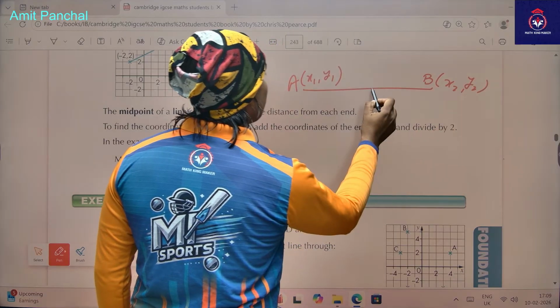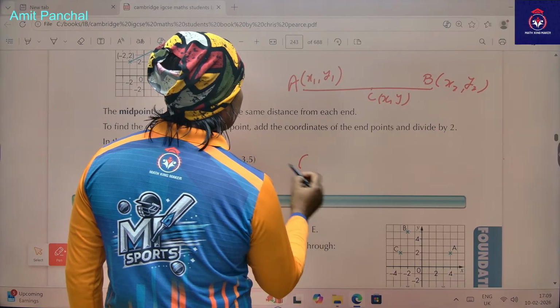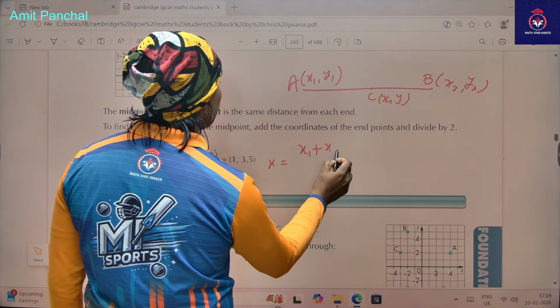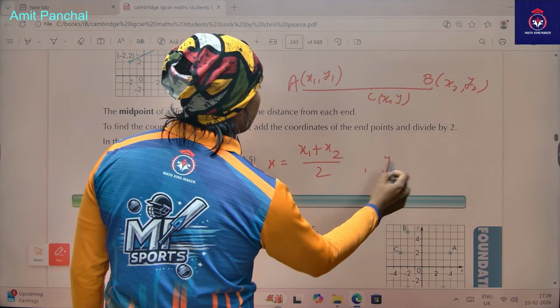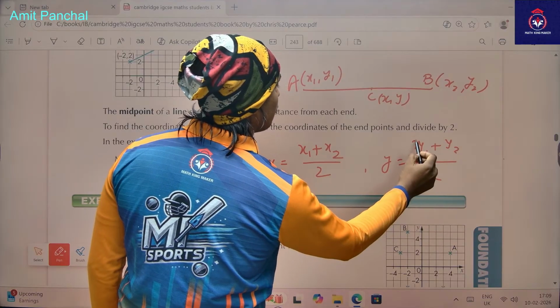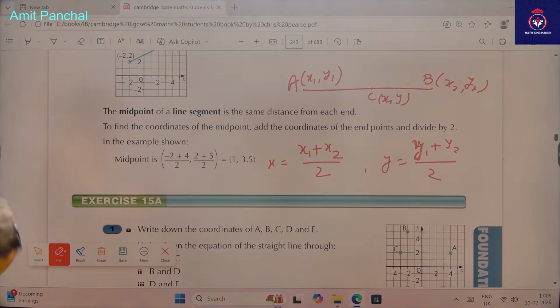So its midpoint, let us say c. If c is xy, so that x will be given as x1 plus x2 divided by 2, and y will be y1 plus y2 divided by 2. So that is a midpoint formula. Okay. Yes, sir.